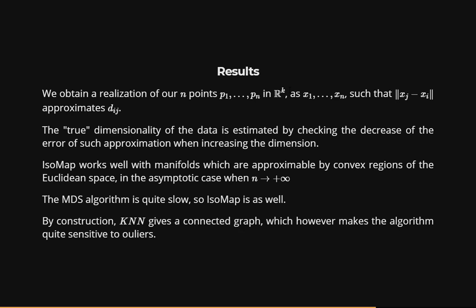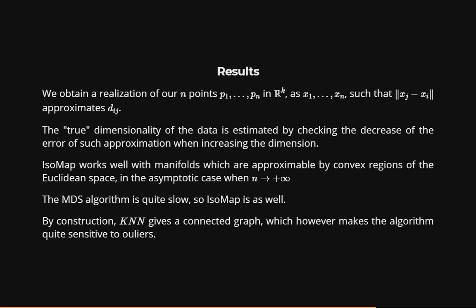And also, if you use k nearest neighbors, you end up with a connected graph, so you don't have problems like, what's the problem here with not connected graphs? The zero eigenvalue, probably.